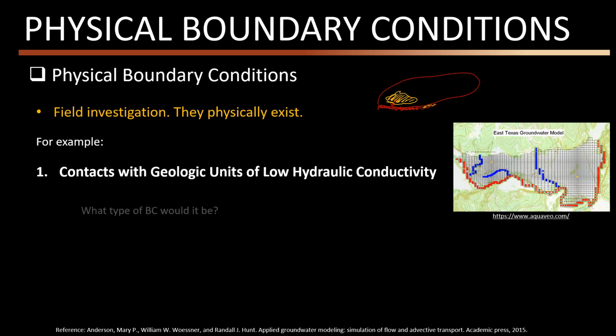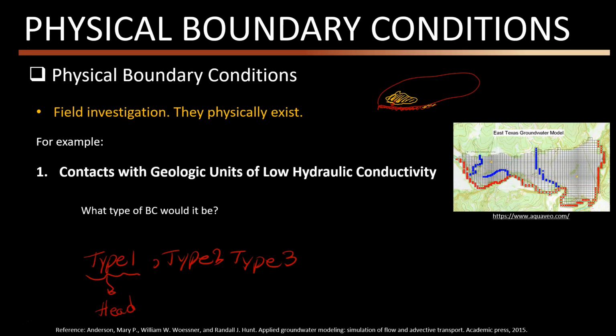If you think about what type of mathematical expression suits better to define this form of boundary condition, type 1, type 2, or type 3, it is easy to answer this question. Type 1 was the specified head.